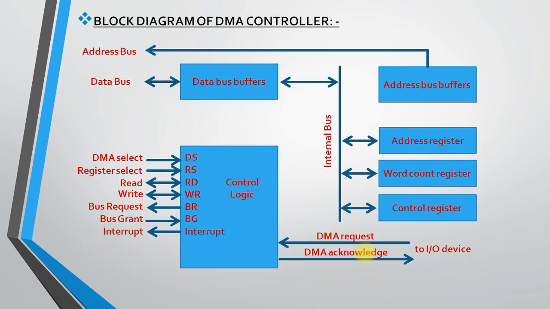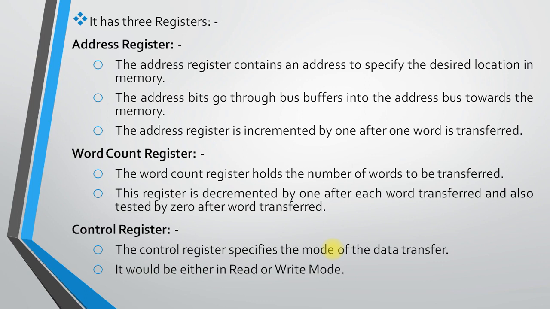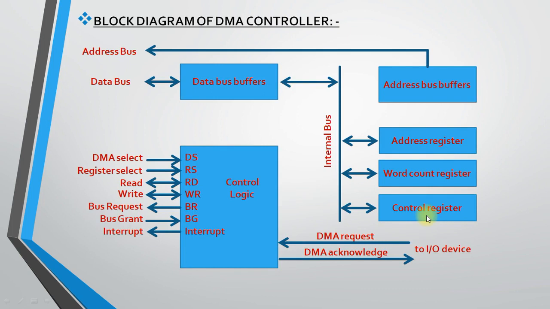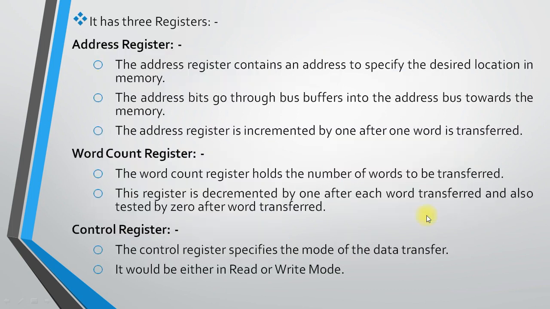Now let us discuss three different registers: the address register, word count register and control register. The first register is the address register. The address register contains an address to specify the desired location in memory.